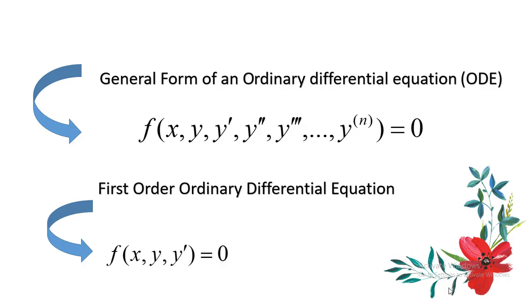In both of these equations, they include only ordinary derivatives where y is a function of x and x is the only independent variable, and there is no independent variable other than x.